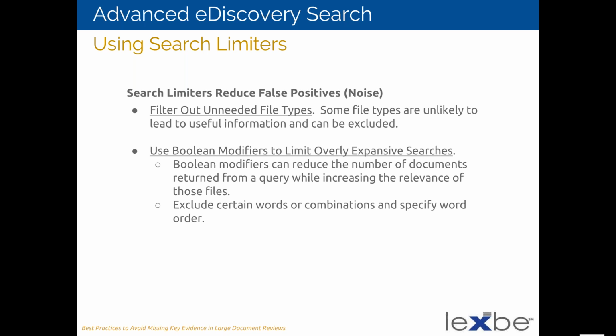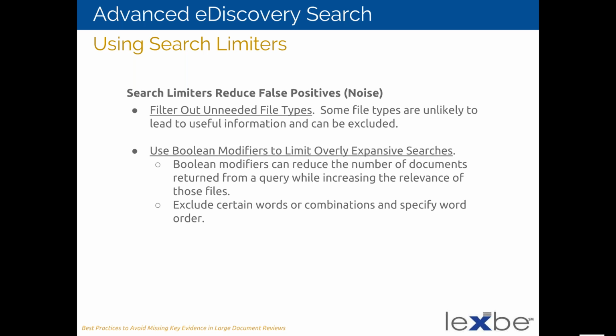You can also use your Boolean modifiers, which we'll talk about here shortly, to limit your overly expansive searches. They'll easily reduce the number of documents and will also increase the relevance of what you're getting with your results. So if you include an AND or an OR or a NOT, you're going to make sure that you're getting only the documents that you're interested in looking at and not the documents that maybe have one of the words that you're looking for, but it's really not related to anything having to do with the case at hand.